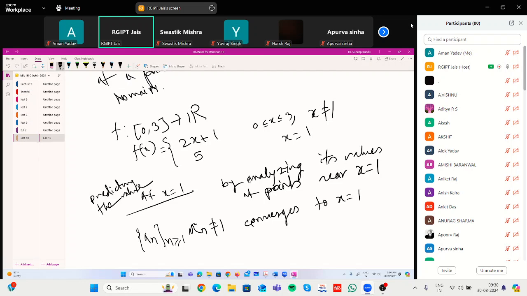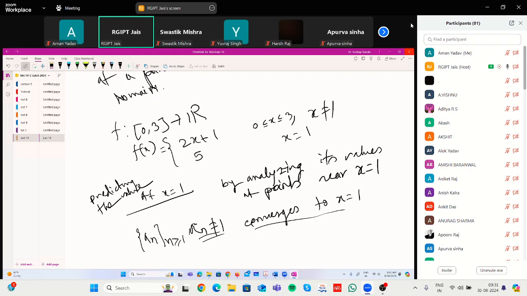Okay. So you want to predict the value at x equals to 1. For that, you have taken any arbitrary sequence where a_n is not equals to 1 that converges to x equals to 1. Okay. Now what you should check?